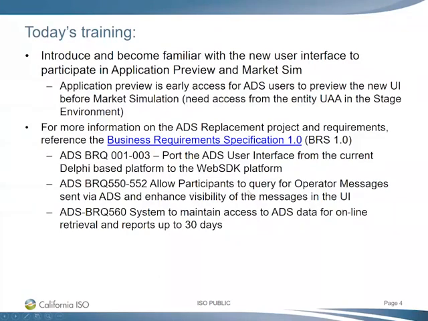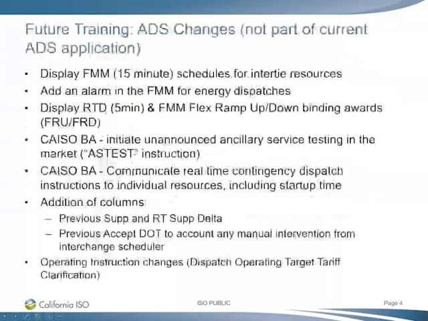Then we'll talk a little bit about how to query the operating messages via ADS, so we'll include that in this one, and the enhanced visibility of those messages. And then we'll cover this requirement as well, which is the fact that you can maintain access to the data for about 30 days. So the query is going to be limited to 30 days. We'll talk about that. Okay.